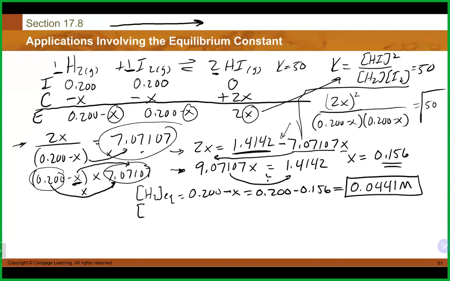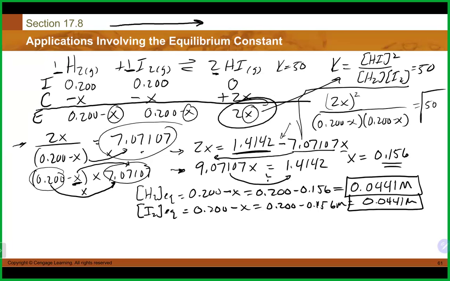That's going to be the same for our I2 since they're basically the exact same thing: 0.2 minus x, 0.2 minus 0.156, 0.044. And our HI is equal to 2x. So our HI at equilibrium is equal to 2 times 0.156 molar.